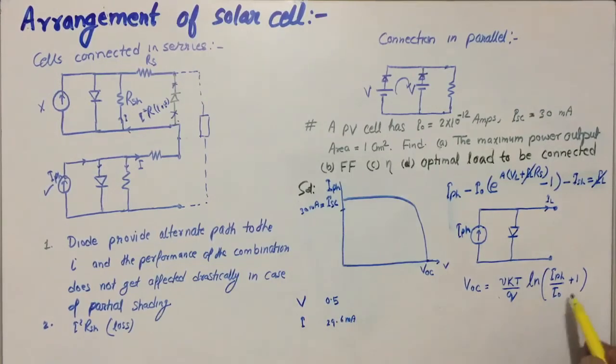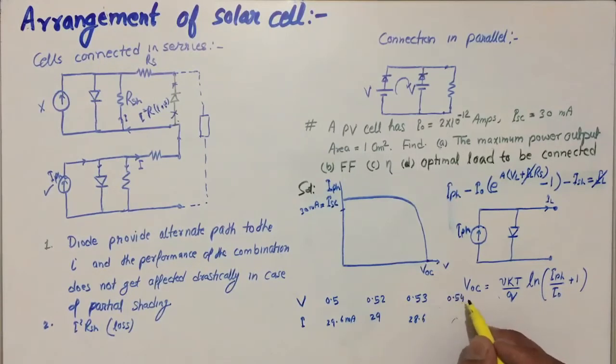Okay, if you put the constants in this equation, then you will find I corresponding to this V. And if you change the value of V, then you will get another I corresponding to this, that is 29 milliampere. If you change the value of V, you can get the next value, and so on.